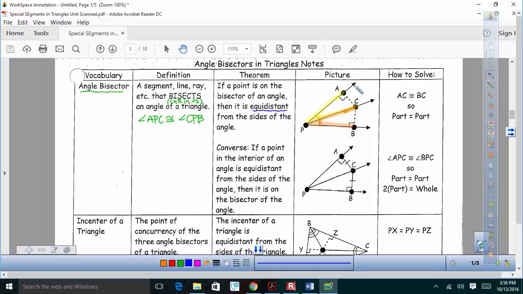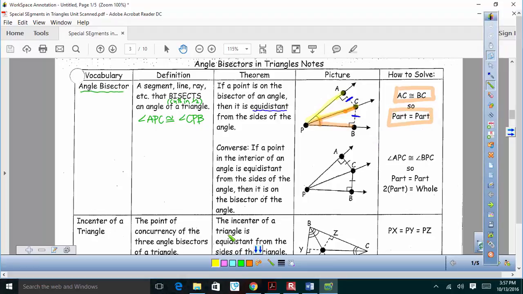So if I'm looking at this big angle right here, APB, and C is on the angle bisector, which it is, then that means that this length from A to C is equal to this length from C to B. So I'm going to put tick marks right there to remind me that those lengths are equal. Okay? And it also shows you right here, AC is congruent to BC, which means part equals part for that.